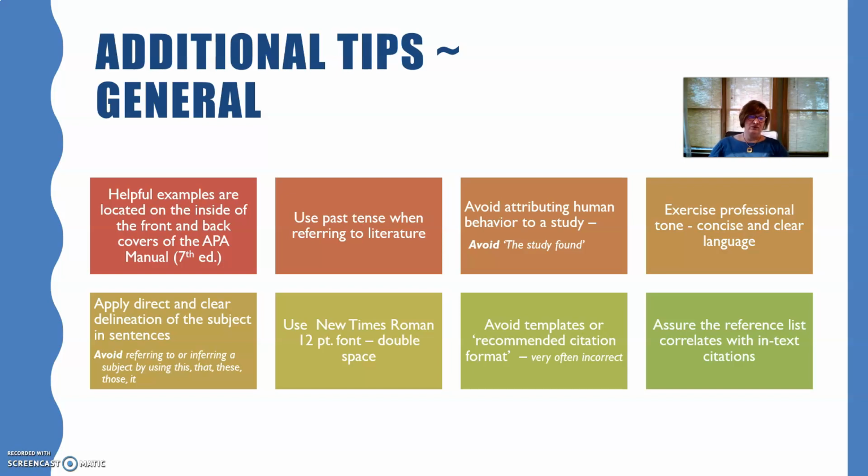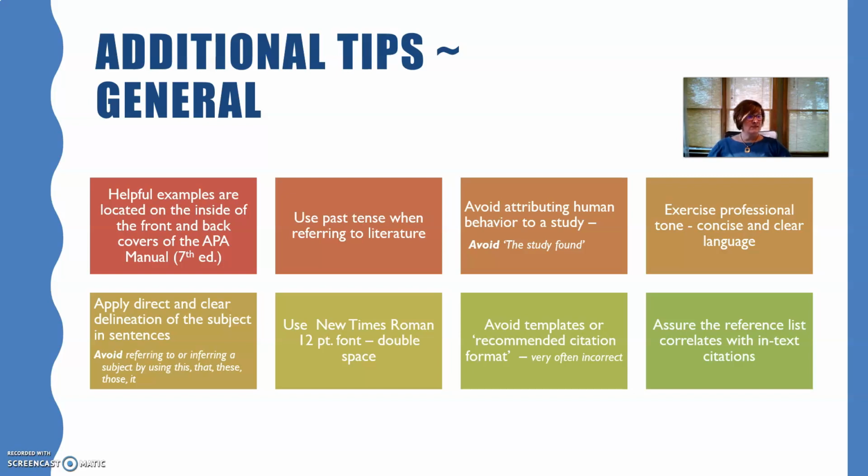Very often we refer back to things that may not be very clear for a reader when we use words like this, that, these. It is often very overused in writing, and it's probably best not to use it. Just saying. So when you're typing your papers, use 12-point font, and Times New Roman is the preferred font for the nursing division.